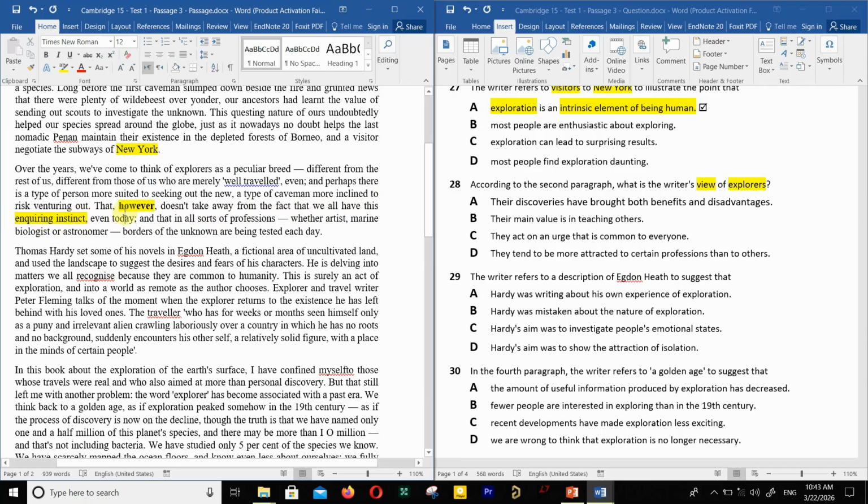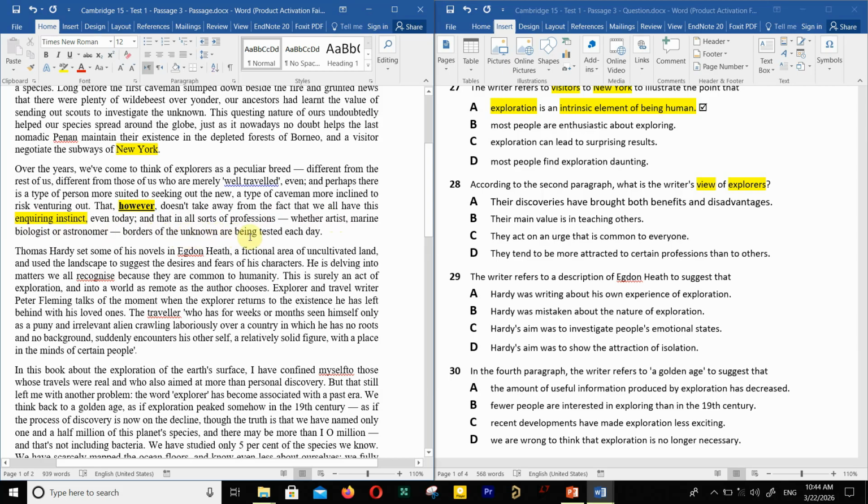Most of the time you can locate the answer after vocabulary such as but, however, whereas. These kinds of vocabulary are really important in the IELTS exam. Doesn't take away from the fact that we all have this inquiring instinct even today, in all sorts of professions, whether artists, marine biologists, or astronomers.